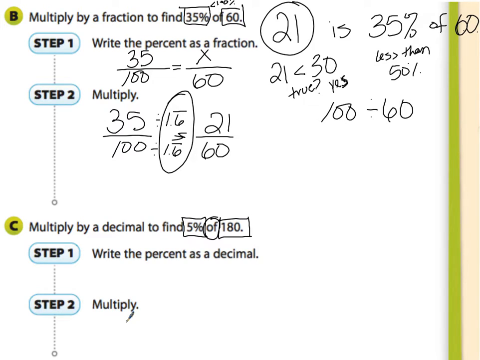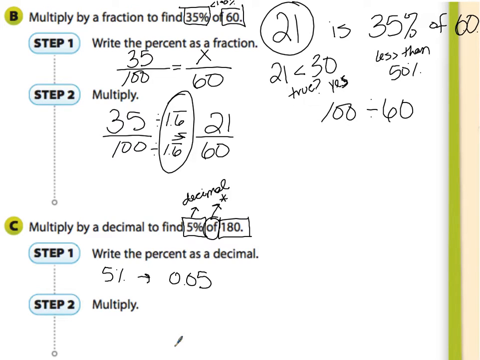Okay, so if I want 5% of 180, of tells me I'm going to multiply. I know that I have to change this to a decimal before I can multiply. And 180 is already a number, so I don't have to mess with it. So I can change 5% to a decimal, and doing that gives me 0.05.